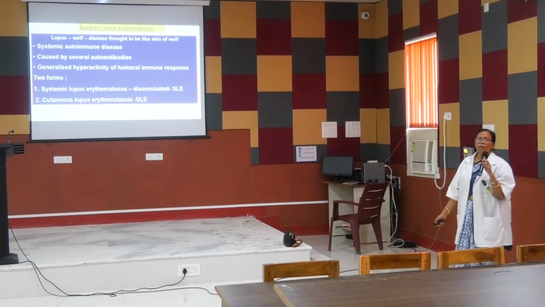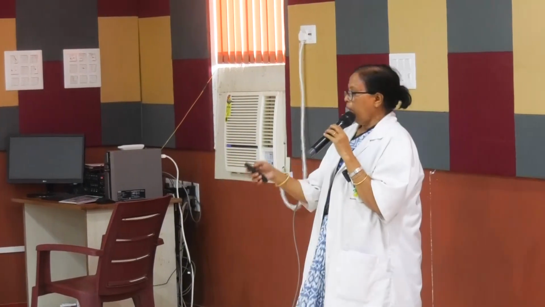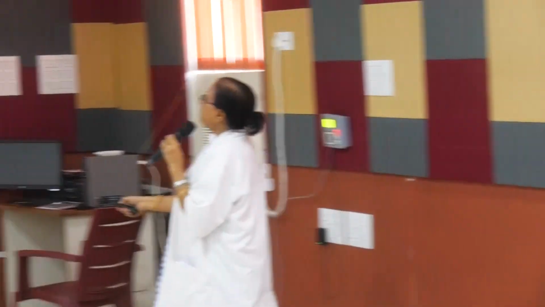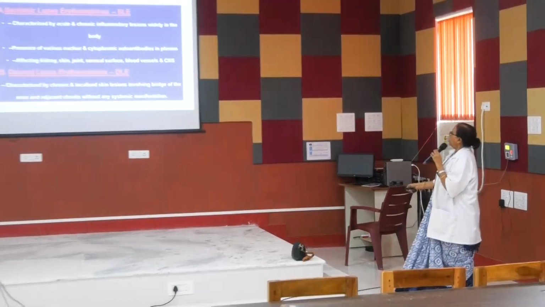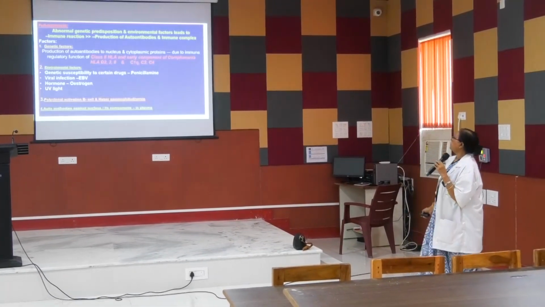The disease produces several autoantibodies and gives rise to two forms: one is localized, one is systemic, that is SLE and DLE. Systemic lupus erythematosus is called SLE, and discoid lupus erythematosus is called cutaneous or local lupus. The systemic form is characterized by inflammation of the whole body, while discoid means a local skin lesion producing a butterfly rash on the face.